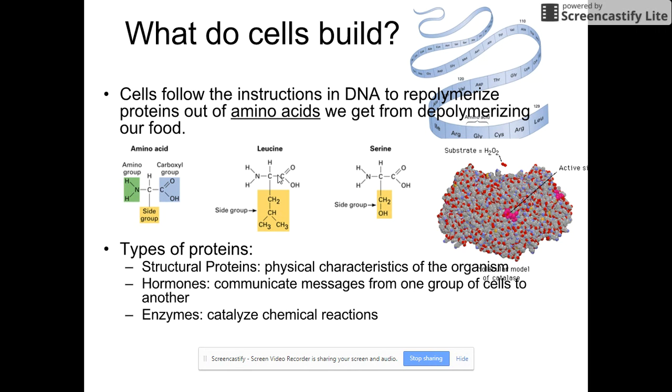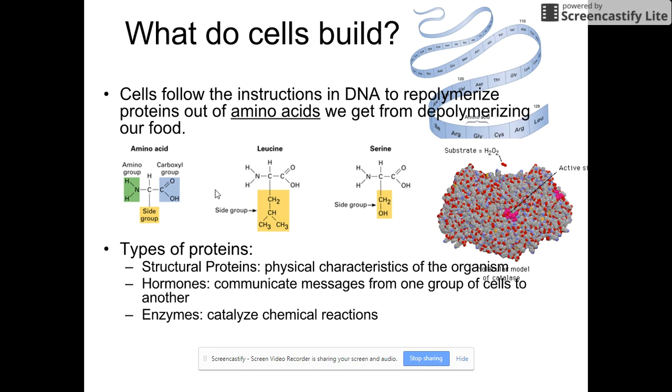And that would connect leucine and serine together, starting to build a polymer. And in the process, we would lose this H and this OH in the form of a water molecule. That's what we call a condensation reaction or a dehydration reaction. We've seen that before. So these amino acids connect side by side between the carboxyl group of one and the amine group of the other.